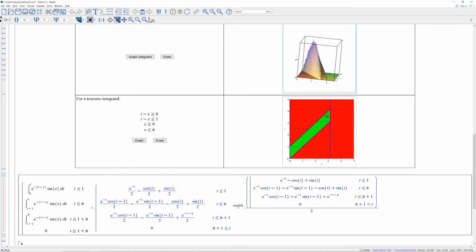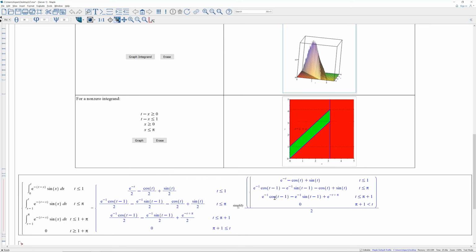And in this region, you're going from t equals 1 plus x to pi, so x equals t minus 1 to pi. You get this integral. You evaluate these three integrals, and here it's 0 because it's up here, 0. You get this stuff.